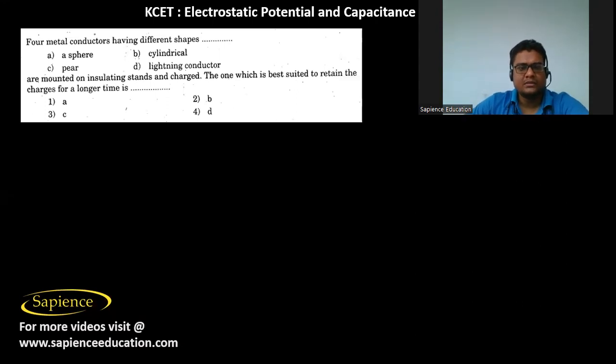Four metal conductors having different shapes, a sphere, cylindrical, pear, lightning conductor, are mounted on insulating stands and charged. The one which is best suited to retain the charges for a longer time is.